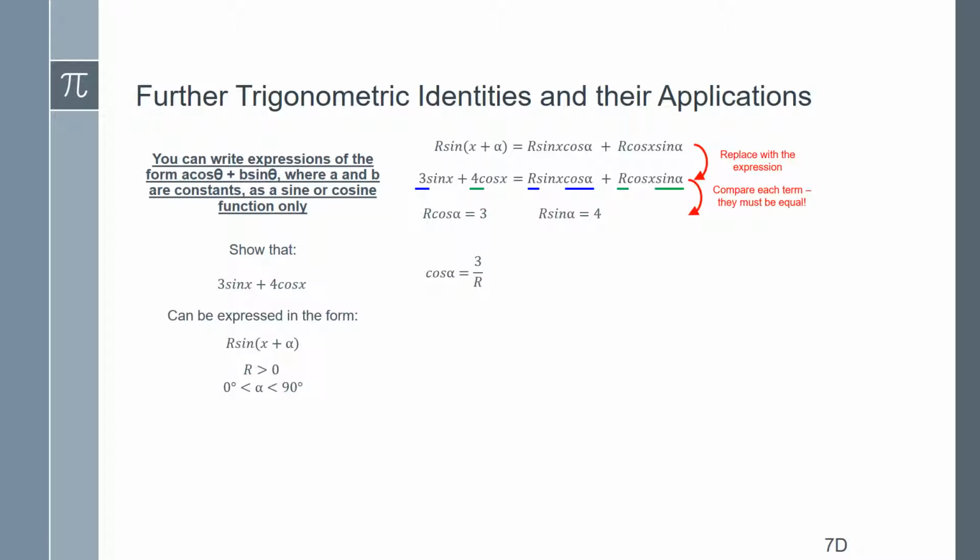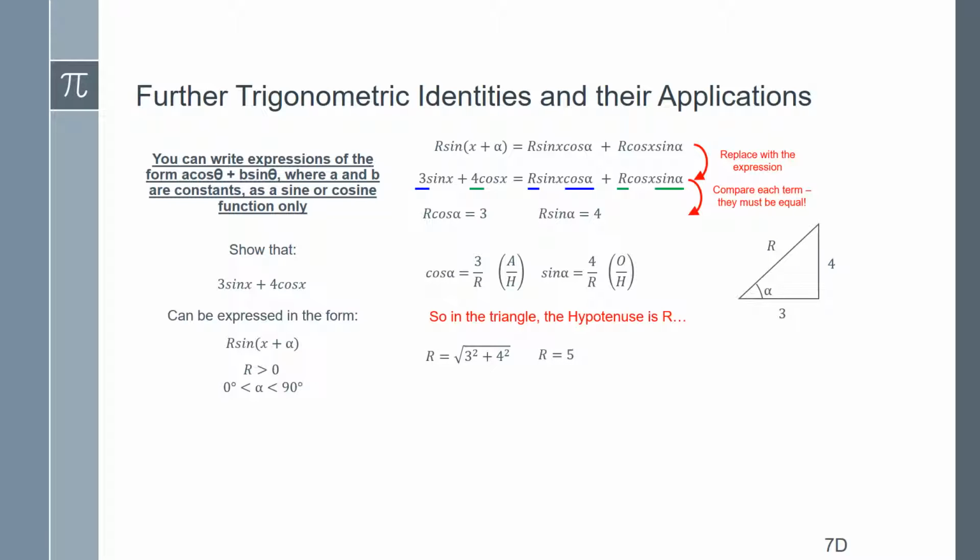So cos alpha is 3 over r, sine alpha is 4 over r, and if we draw a little triangle, we have 3, 4, and the hypotenuse is r. Pythagoras leads us to conclude that r is 5. We could do this with either equation, but we'll just pick the first one.